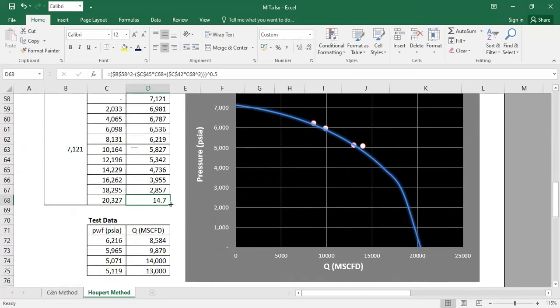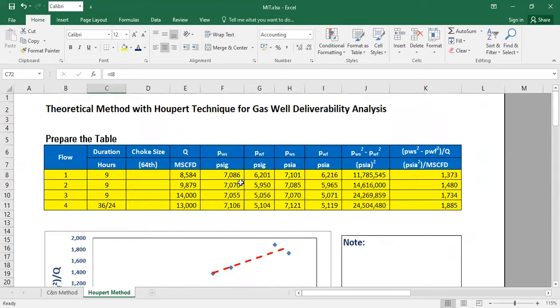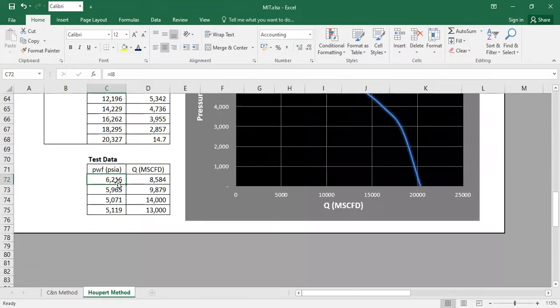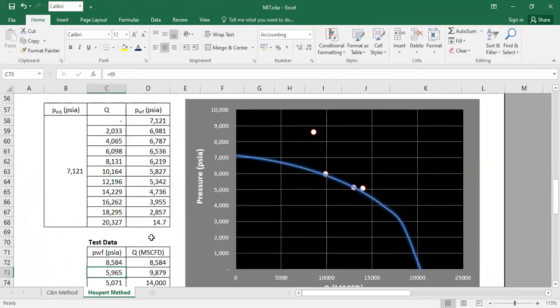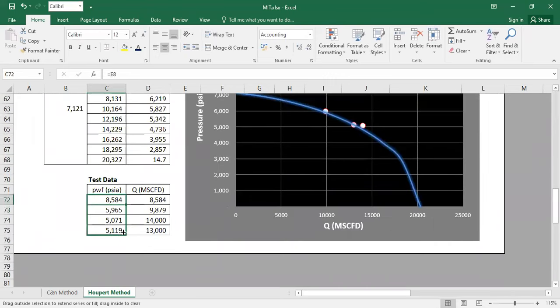All right, and then we can also plot the well-test data. I just call the data, the well-test data from this table. So for the flow rate equal, and then we can just do this and drag like this.